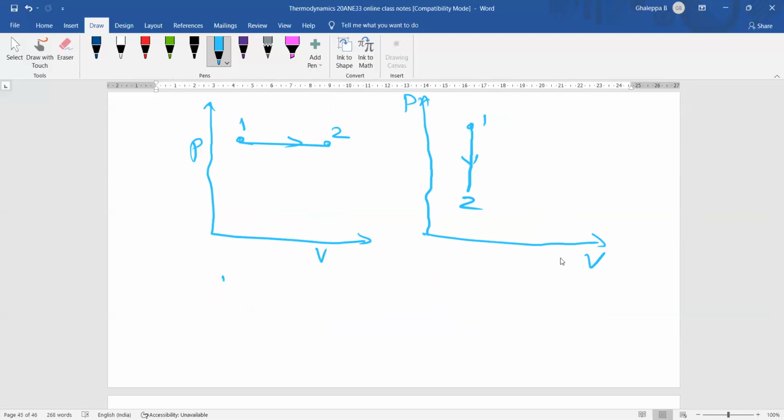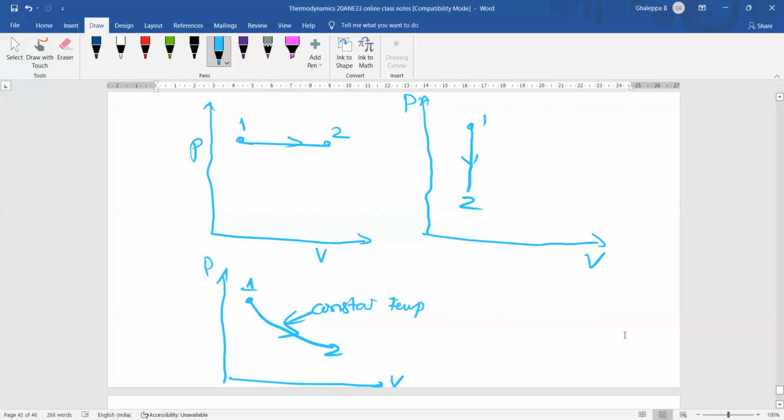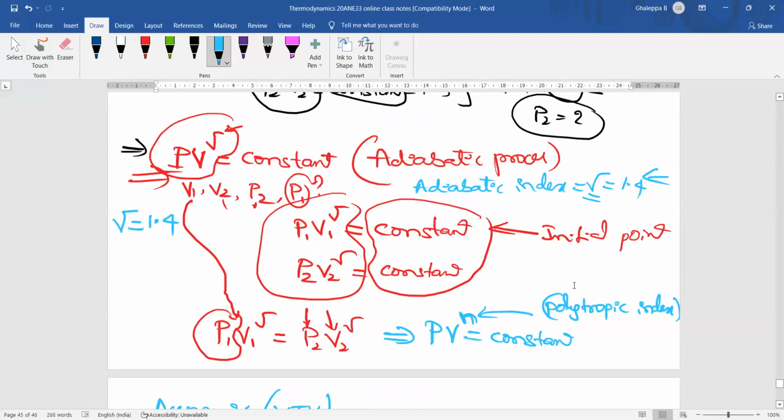They may ask you to represent all processes in a single PV diagram. Single means all processes you should draw in the same PV diagram. And this is for constant temperature 1 to 2. If they ask for separately, you draw like this. Otherwise, this is the diagram.